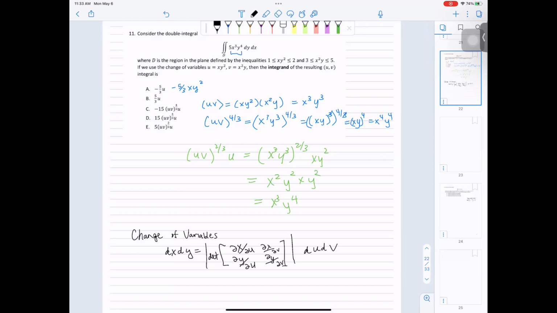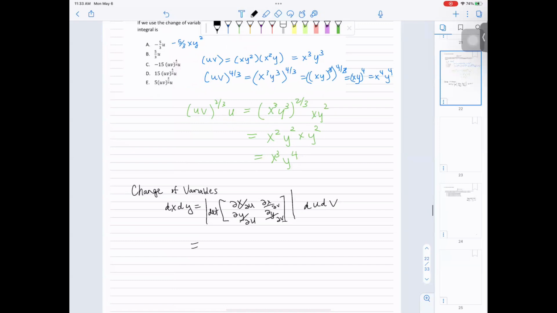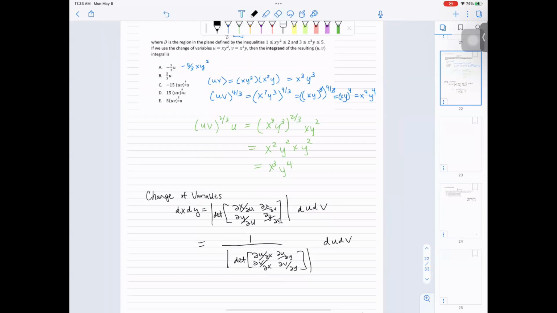Okay, but we don't have x equals something, y equals something. We only have u equals something, v equals something, but that's okay because this is the same as 1 over the determinant of u's and v's as the outputs, and x and y are the inputs, du dv. Okay, so what is the determinant?